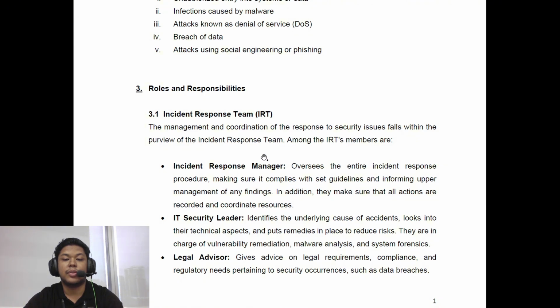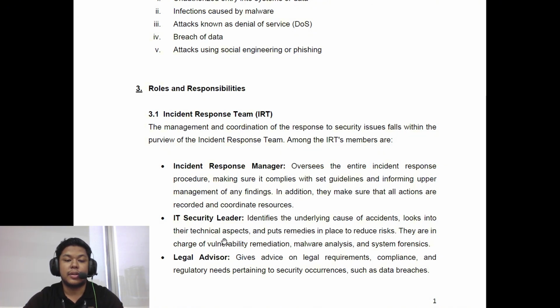Among the IRT members, the incident response manager is to oversee the entire incident response as per procedure, making sure it complies with set guidelines and informing upper management of any findings. Second in the IRT is the IT security leader, to identify the underlying cause of the accident, look into their technical aspects, and put remedies in place to reduce risk.